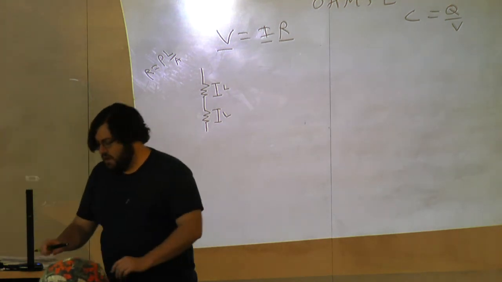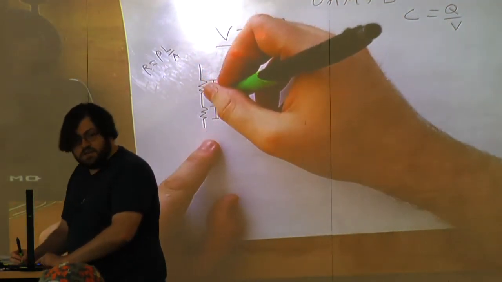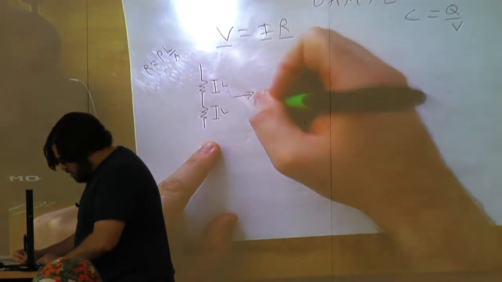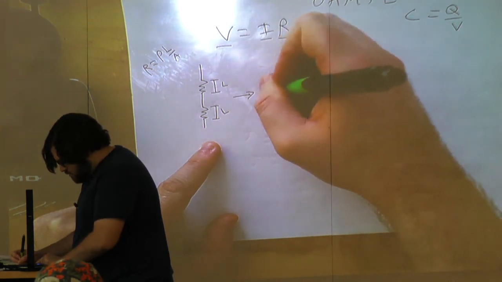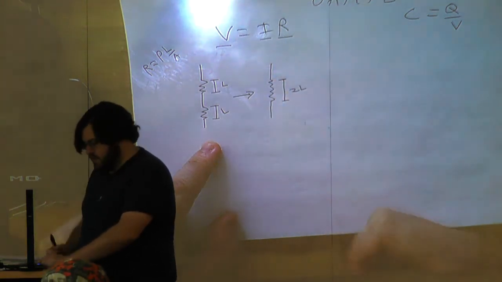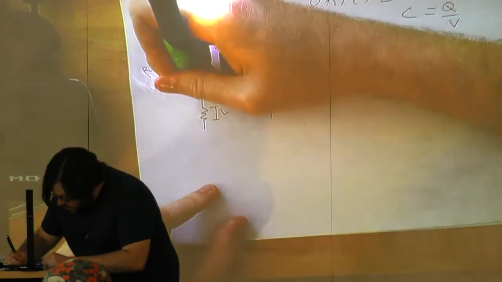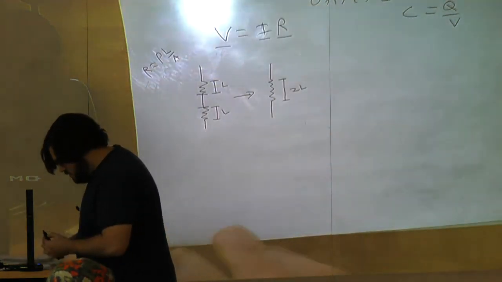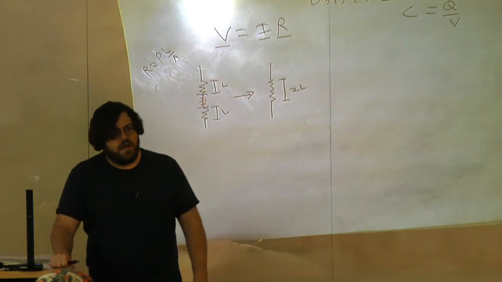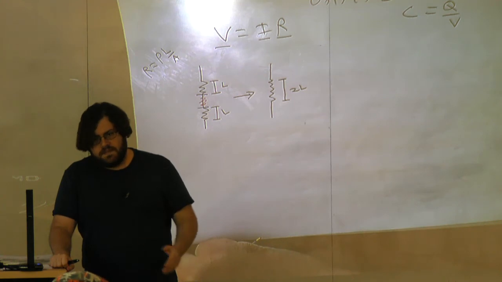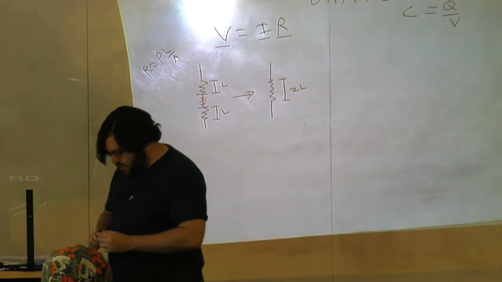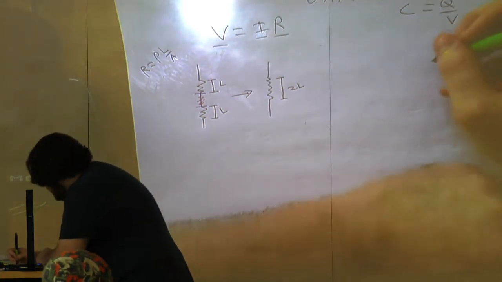What that means is, if I have two resistors in series, and I have a length of L and another length of L, this is exactly the same thing as if I had one big resistor of length 2L. Okay? It's kind of like taking this wire right here and just removing it and bringing them close to each other. So having two resistors in series is exactly the same as having one big resistor, and that's why we add them directly. Okay?